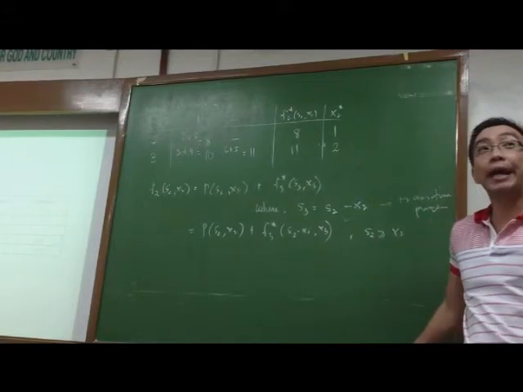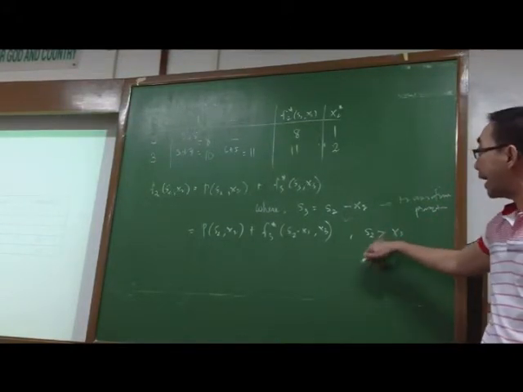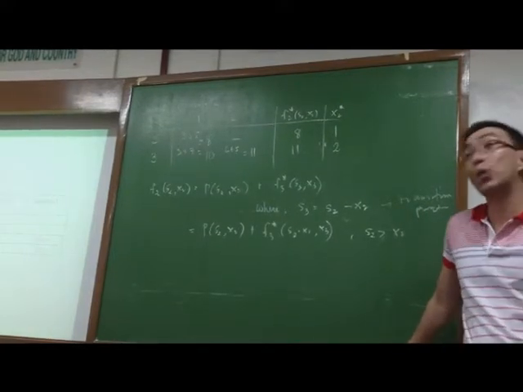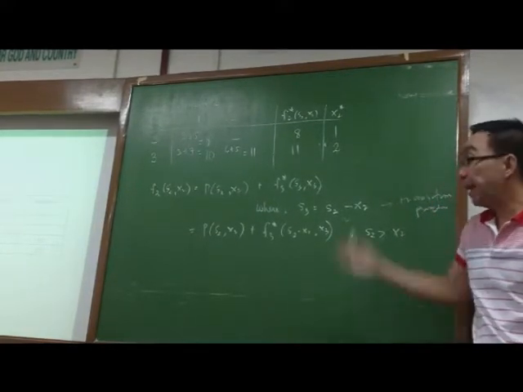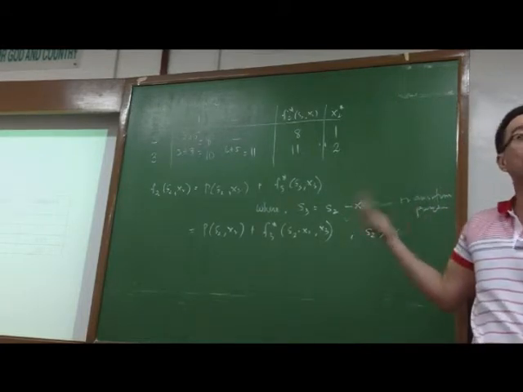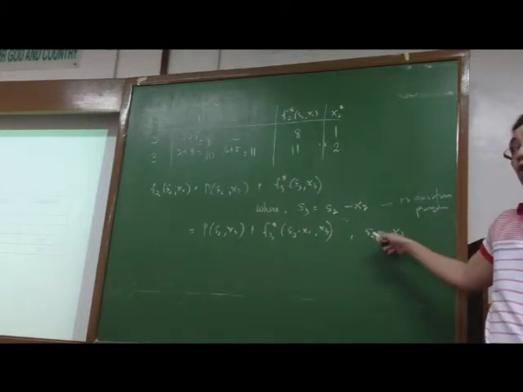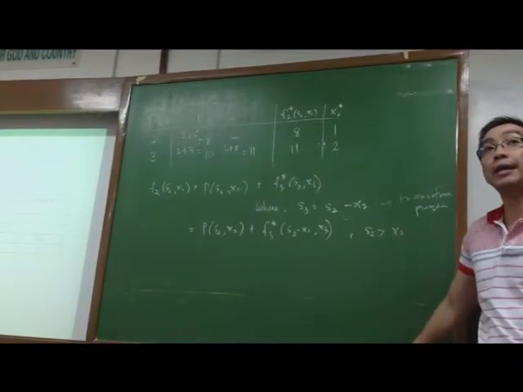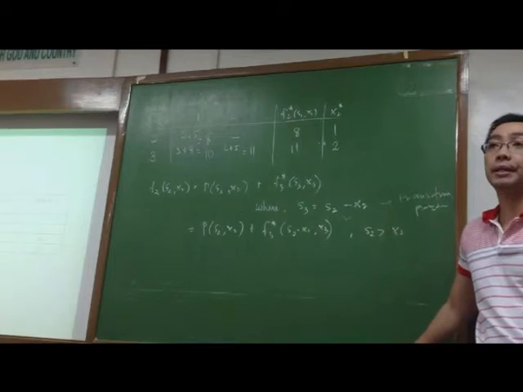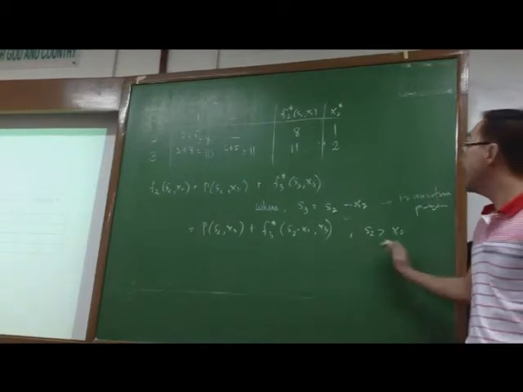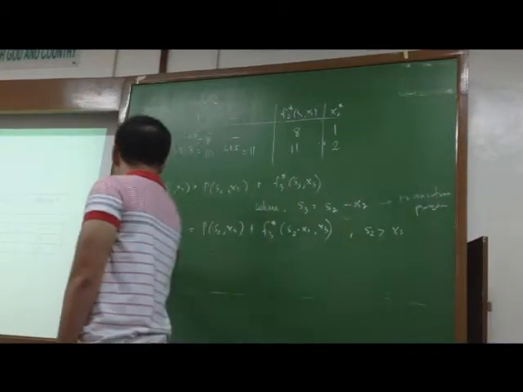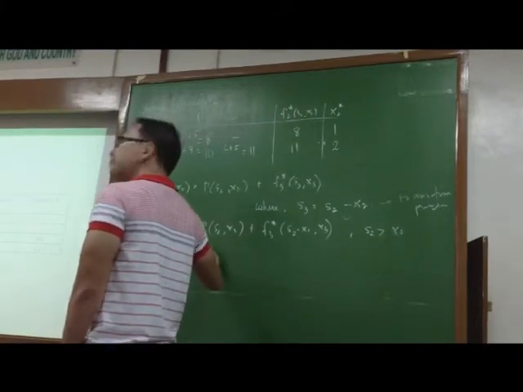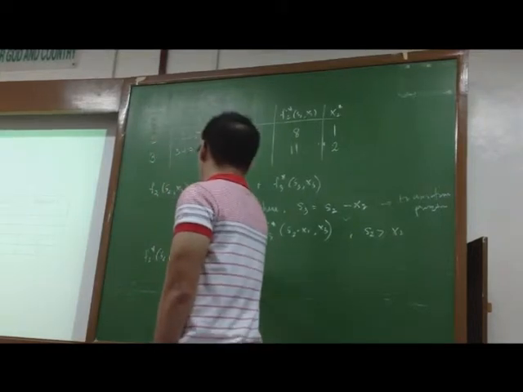Without that, pwede, kasi I know that my S2 is just limited to 2 and 3, based on the table. Pero again, if I don't have the table, mas maganda na S2 is greater than X2 na lang instead. So either way, pwede. Okay? So then, ang ating F2 asterisk is what? It's the maximum of our F2. Okay?